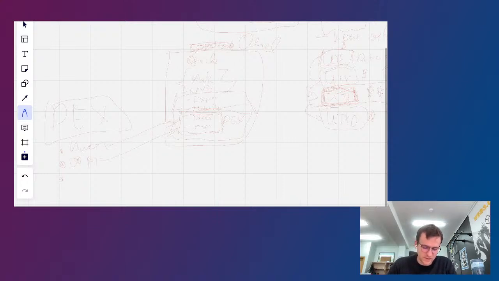When this data is copied, when the token amounts are saved into the Oracle UTXO, they update two values: the expiration time, which is more or less like now plus, let's say, 30 minutes.